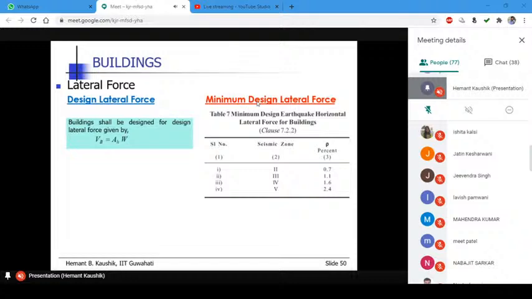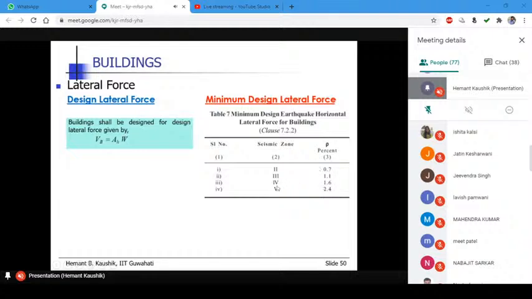So the code says that you do whatever type of analysis, linear, non-linear, response spectrum, any type of analysis, but then your design force, your design base shear should not be less than this number given here, right? So these are these percentage numbers given.